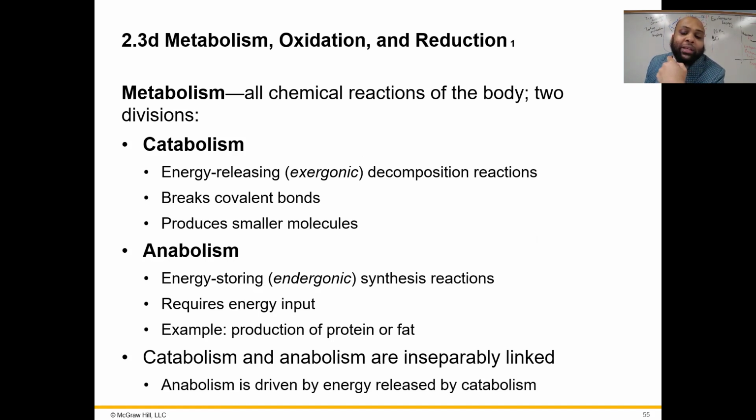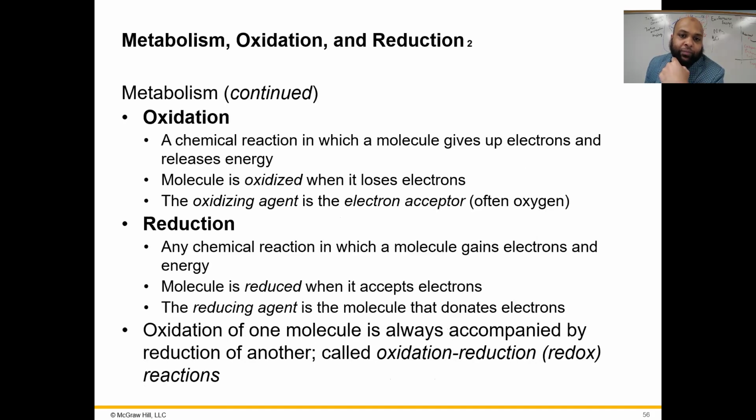While anabolism is storing energy within the bonds. And you have oxidative and reductive reactions. So oxidation is losing electrons. Leo says GER. Leo says GER, G-E-R. LEO is lose electrons, oxidation.